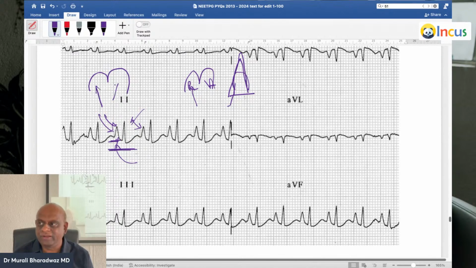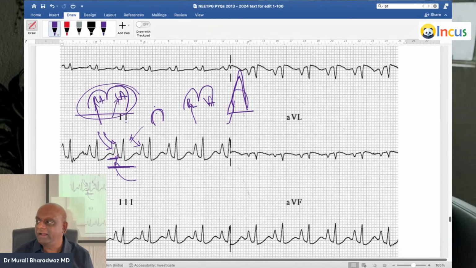It gets separated, no? This is the right atrium, this becomes the left atrium. So in left atrial enlargement, P mitral will appear in lead 2. In right atrial enlargement, a prominent P wave like this will appear in lead 2. In normal people, only a single P wave will be there. Any confusion?